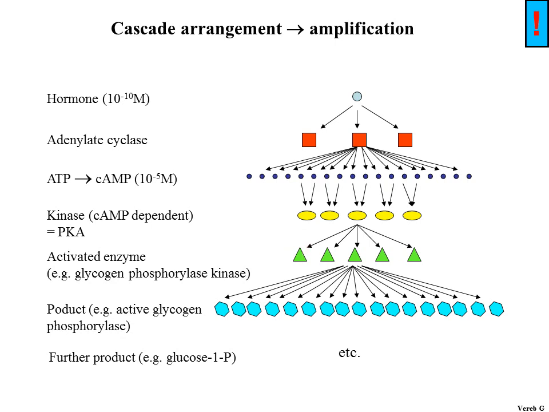Now, what does this enzyme glycogen phosphorylase kinase do when it's activated? Its active form phosphorylates another kinase, which is glycogen phosphorylase. So it's called glycogen phosphorylase kinase because it phosphorylates glycogen phosphorylase.